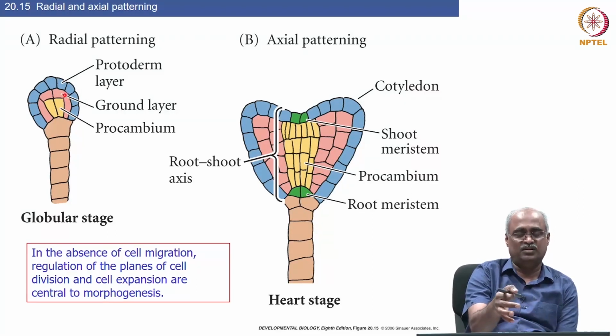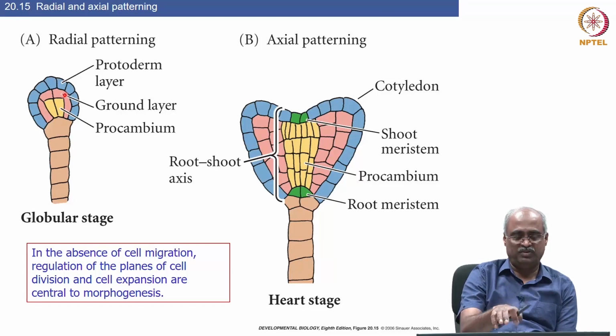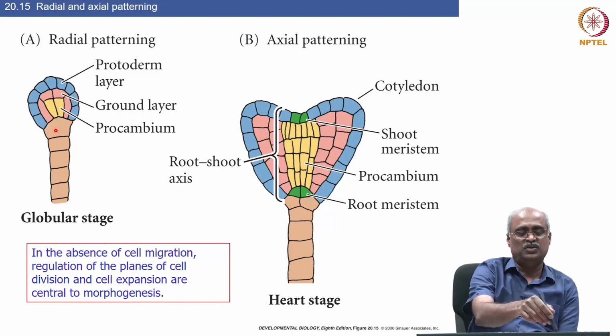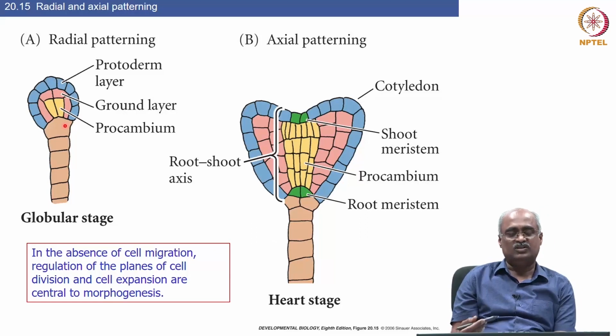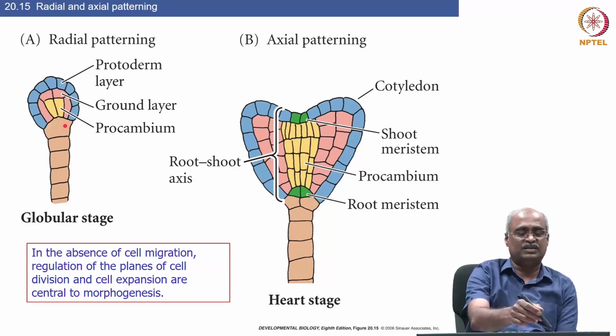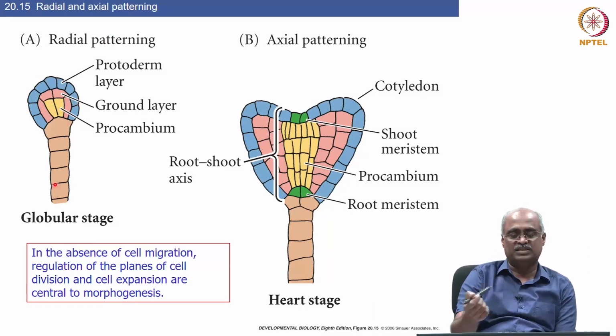The in between layer, between the vascular tissue giving cells and the outer periphery, the dermal tissue, is the ground layer, and that is this ground tissue. Then you have the procambium, which gives rise to the vascular tissues, that is xylem and phloem, for conducting water and food respectively. So this becomes clearer at the globular stage itself.